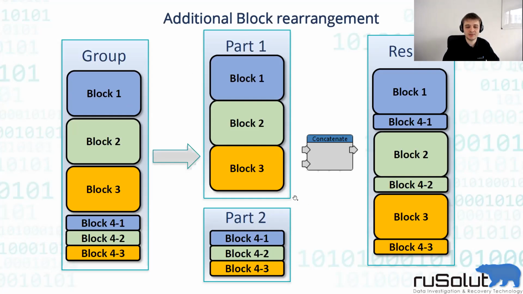One part will contain only big parts, so 3 out of 4 blocks will go into part 1, and the second part will contain every 4th block out of 3 blocks of the dump. And then after the divide, we can use the concatenate element to join all these dumps into a single image.